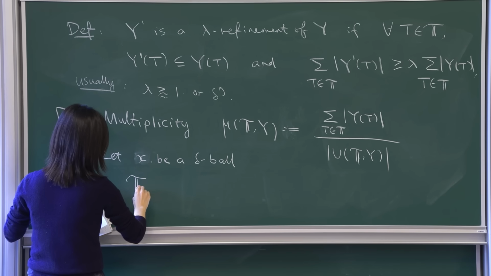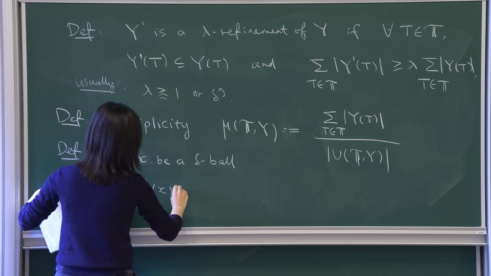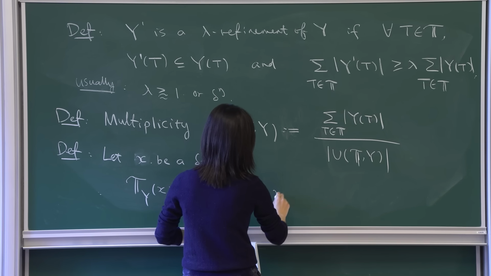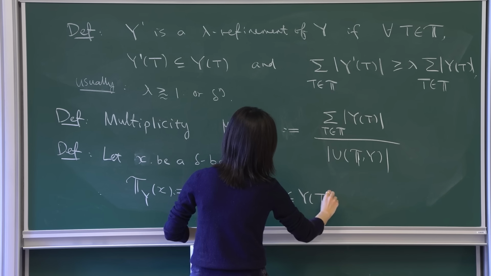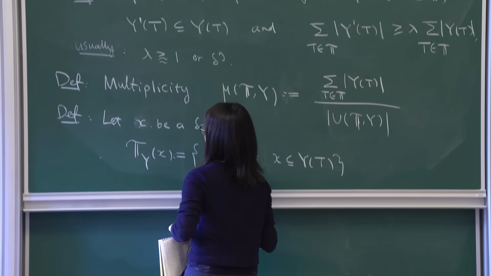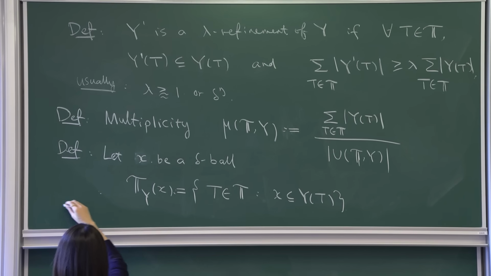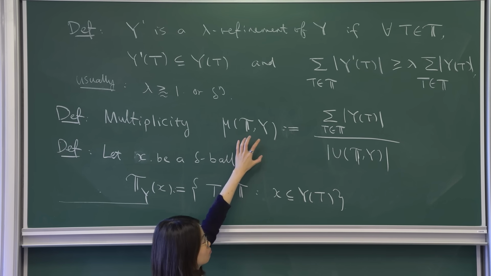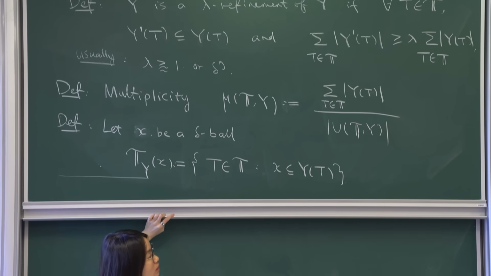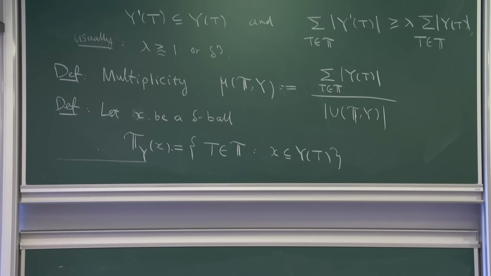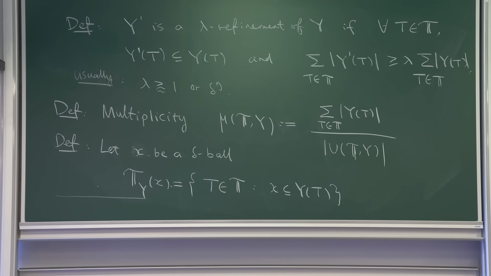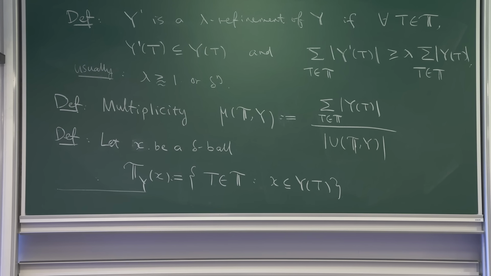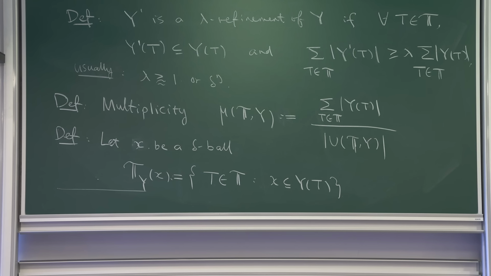We say that T_{Y,X} is just the collection of tubes such that X is contained in the shading of T. Heuristically, this cardinality should be roughly the multiplicity, and this is true after refinement. So here is multiplicity and refinement.